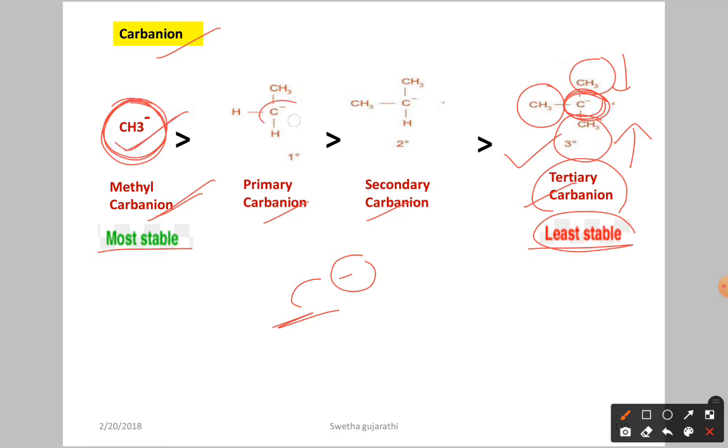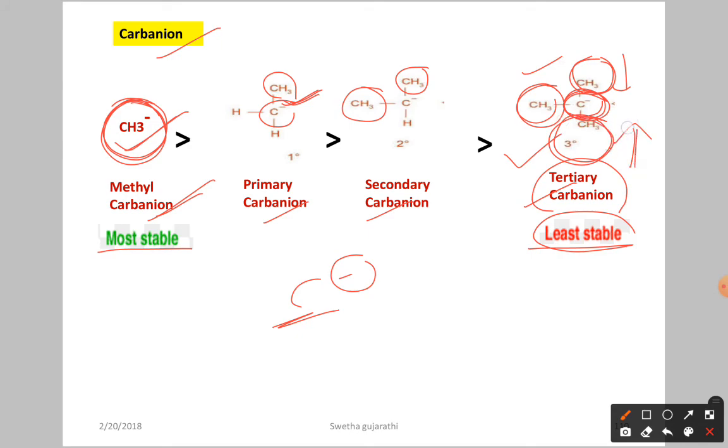After that, here we have only one group, so stability is somewhat less. Here we have two groups, and here three groups. The electron-giving tendency is more, so repulsions increase. Once repulsion increases, stability decreases.